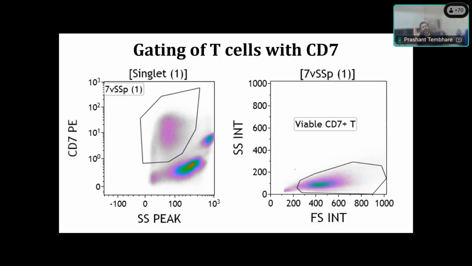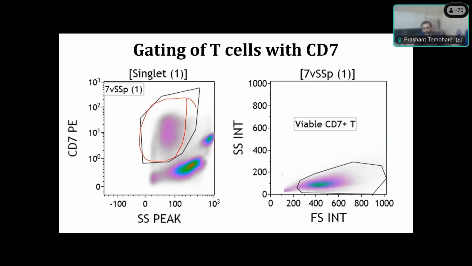It is very rare, 1 in 10,000 cases of TLL, which will be CD7 negative. Otherwise, almost 99.9% of cases will express CD7. That's why we identify T cells in all bone marrow samples or peripheral blood samples by using CD7. So this is our gating marker, right? This is how we identify T cells.